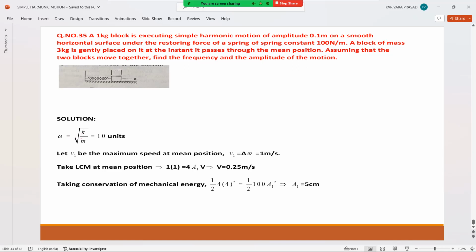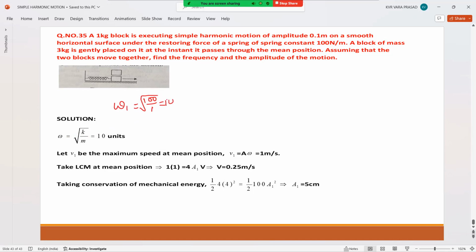K value given 100 and mass initially 1 kg. That means initially omega value, take it as omega 1 initial value, is equal to root of k by m, root of 100 by 1.